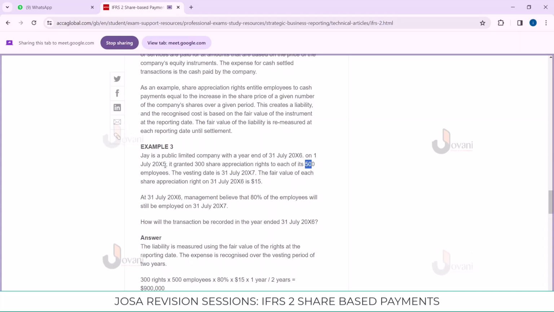So follow the reporting date that they want you to account for. Then times 1 out of 2, since it is the first year, to give you 900. Meaning that you're going to debit an expense, 900, you credit a liability, because this is cash settled. It creates a liability, not an equity. Is that clear with everyone? And we proceed.